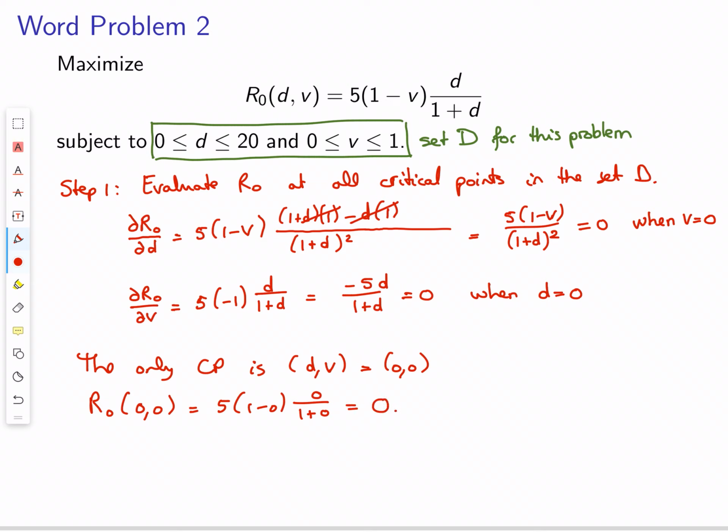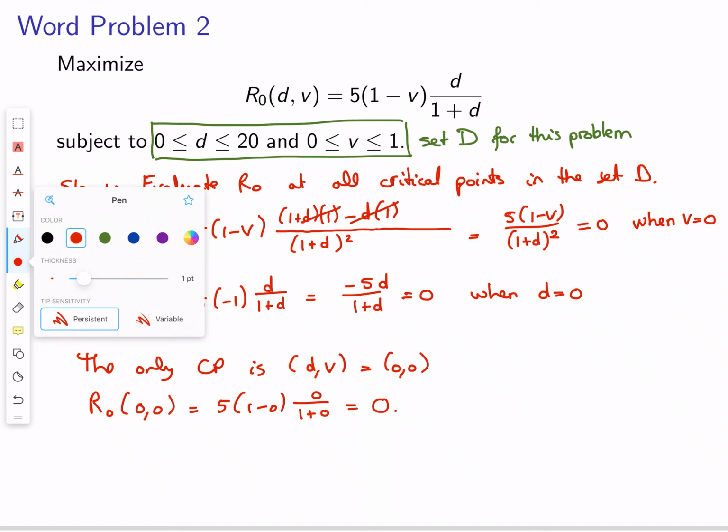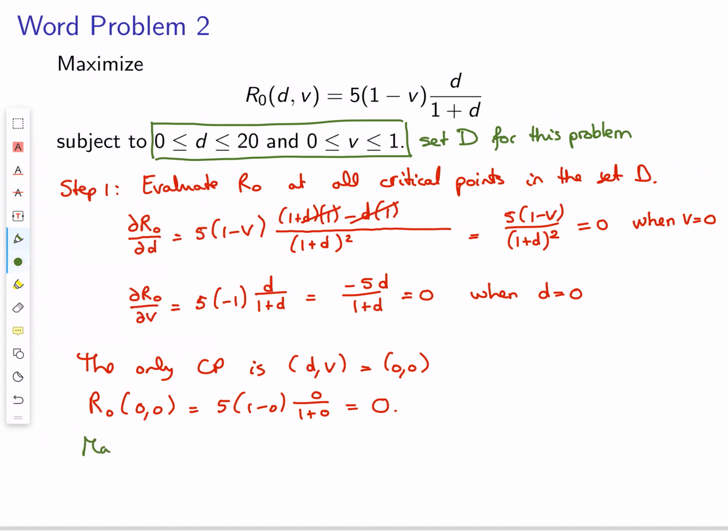This makes sense, because what does d equal to 0 mean? It means that an individual is quarantined immediately upon becoming infectious.